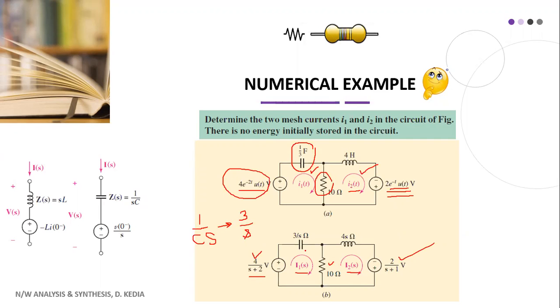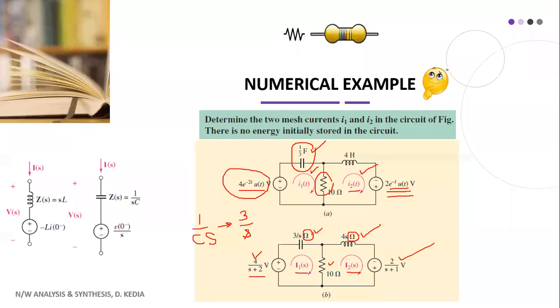And see one thing. In fact, I don't know whether you noticed that or not. It was 1 by 3 farad, and what have we written here? Ohms. With the inductor also, what have we written? Ohms. Means after we have represented our given inductor or capacitor into its equivalent Laplace representation, it becomes equivalent to resistance.